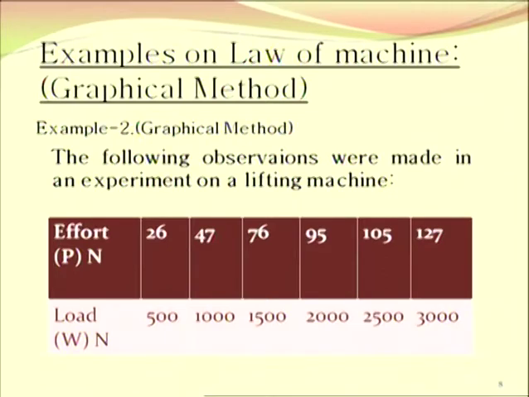For the fourth, effort is 95 and load is 2000. On the fifth, effort is 105 Newton and load is 2500 Newton. Similarly, for the sixth, effort is 127 Newton and load is 3000 Newton. With that data we have to plot a graph.